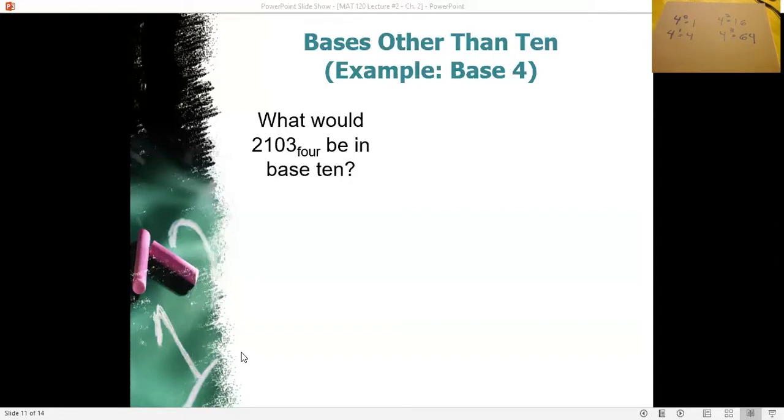So instead of thinking about this number like there are 3 ones, 0 tens, and then this is hundreds and this is thousands, this is still ones, but this is now going to be 4s. And this is going to be the next power, 16s. And this is going to be the next power, 64.